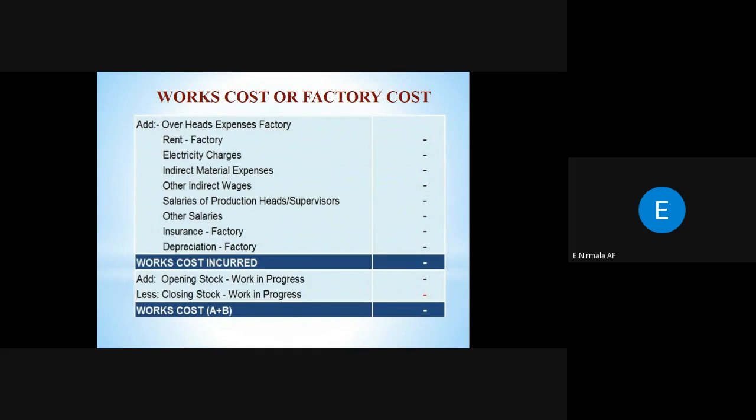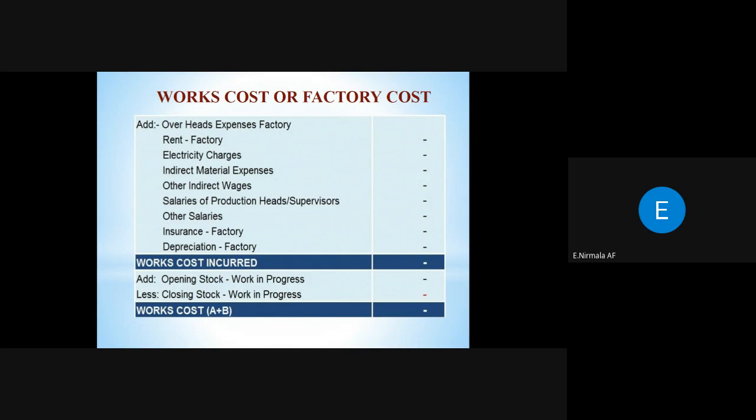Now, the next concept is work cost or factory cost or manufacturing cost. Work cost is a sum of prime cost and overhead cost, including factory expenses. Overhead costs are those costs that are not directly related to the production of a product, but are required nevertheless.